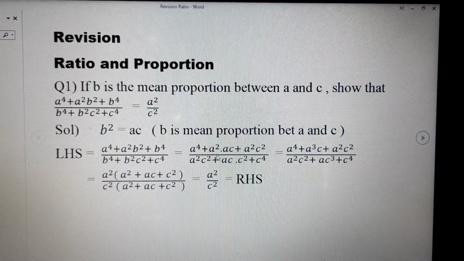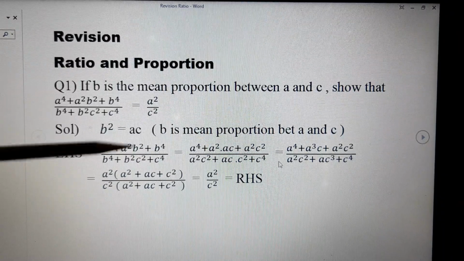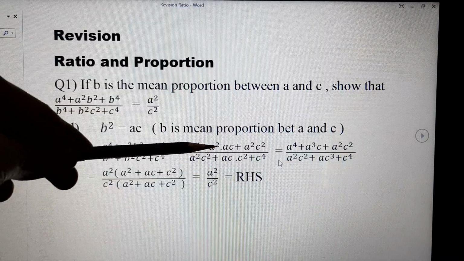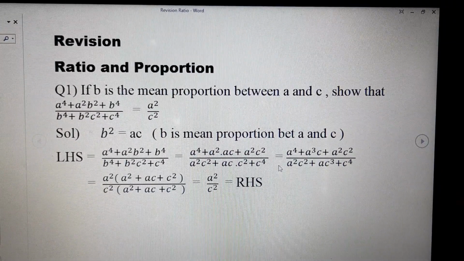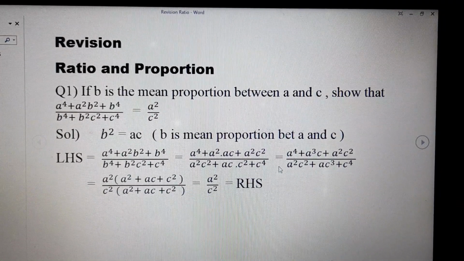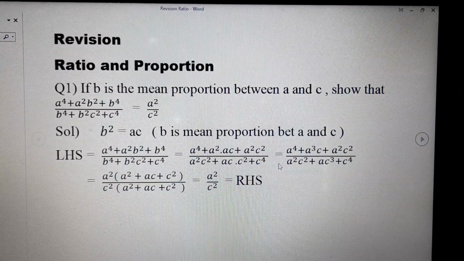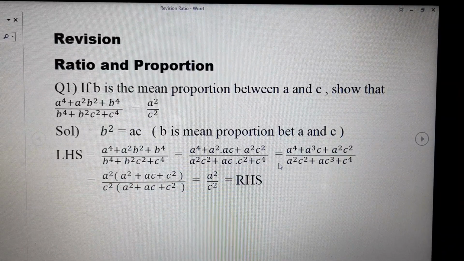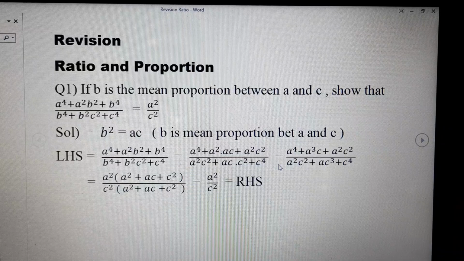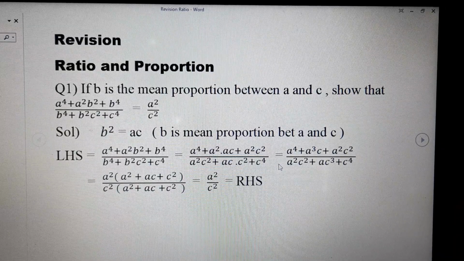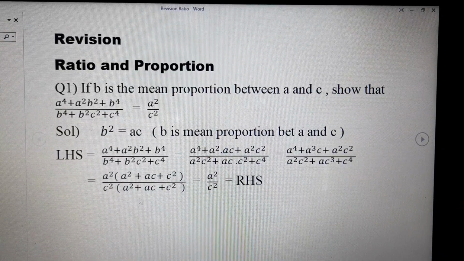Then the numerator becomes a to the power 4 plus a cube c plus a square c square, and the denominator becomes a square c square plus a c cube plus c to the power 4. We can take a square common from the numerator and c square common from the denominator.